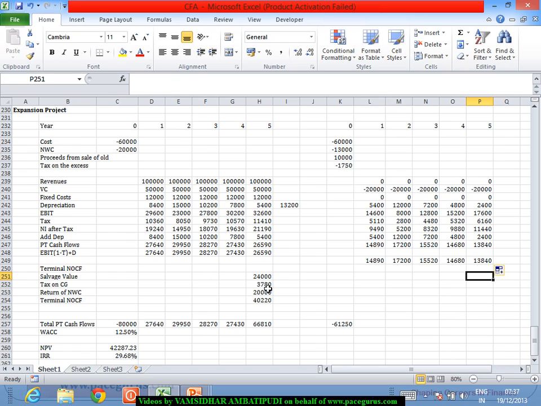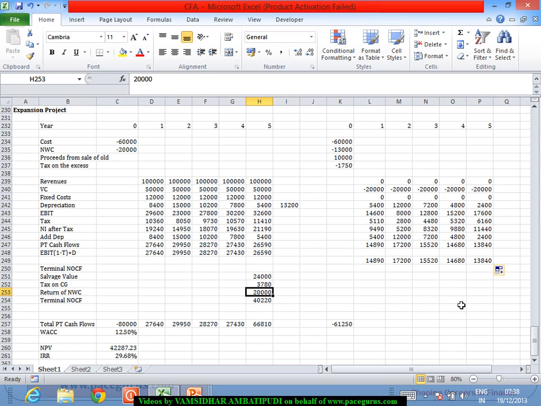So because it has already been depreciated, when I am selling it at 24,000 bucks, the salvage value is still 3,000. I mean the tax is 3,780 because the book value is 13,200, whereas you are able to sell it at 24,000, and the return on net working capital is only 13,000.